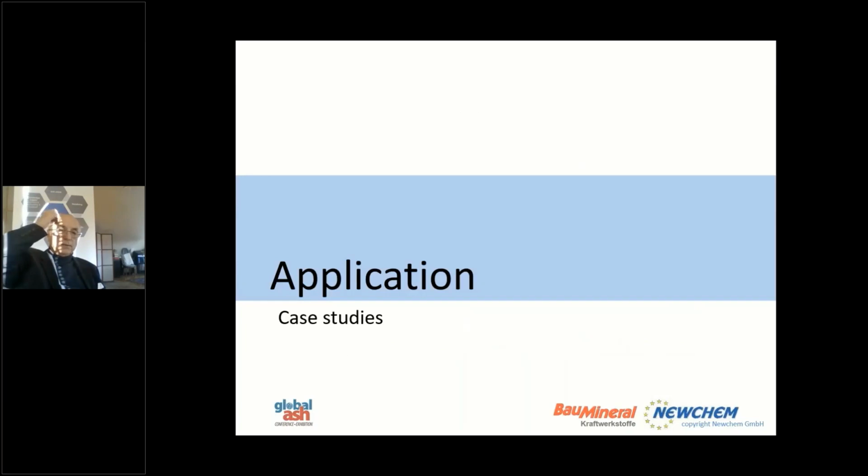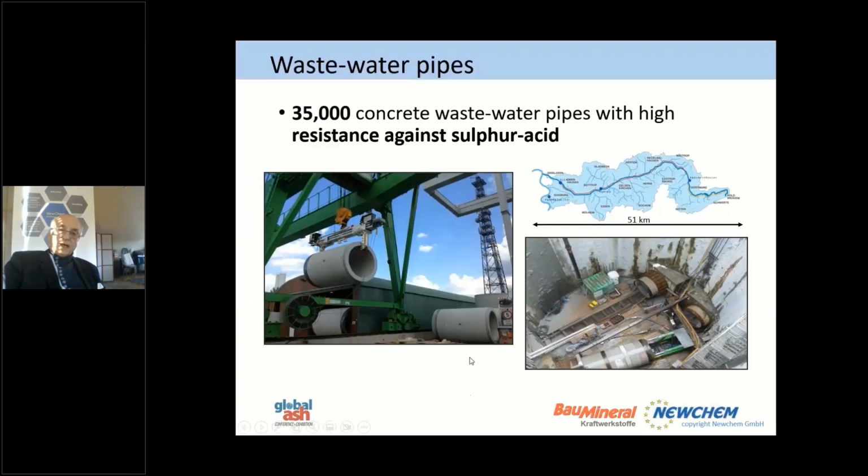Now I show you some application and some case studies to give you an idea why and what we are doing with that. So in Germany, we had a canal here for the wastewater, which was over 50 kilometers long. It was in the open and smelling very badly. So actually, people started to think we should put it under the earth, which actually has been done.